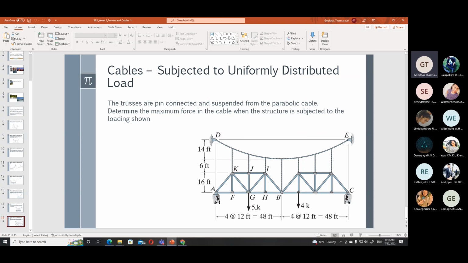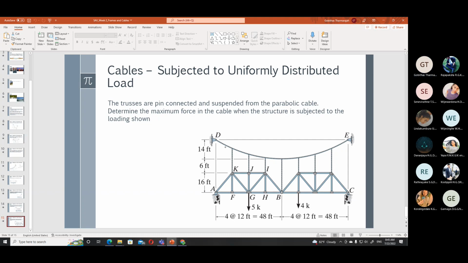So these are the two loadings. So don't worry about these units. You can still try this one. Like we did yesterday, we have to develop an equation for the parabolic curve from dy by dx is equal to tan theta.